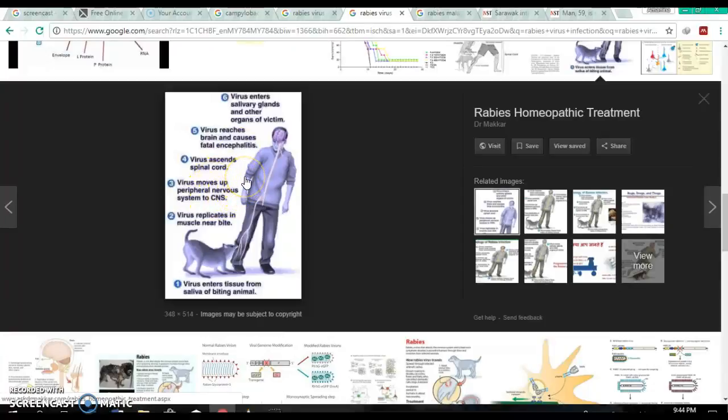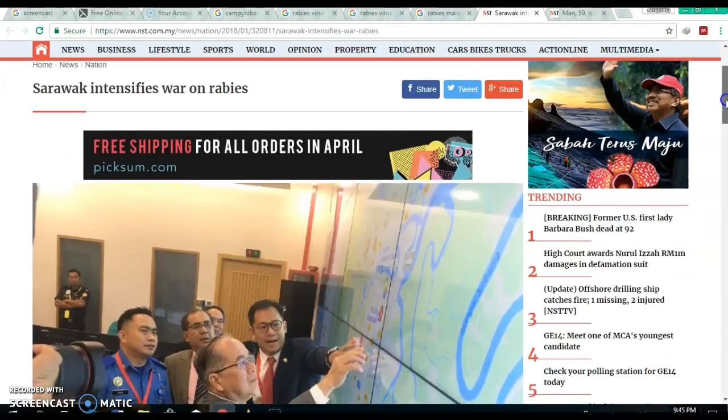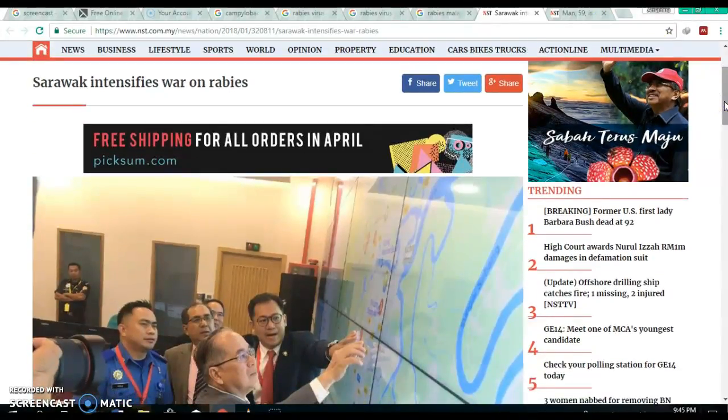As I want to show here, it will affect our spinal cord and then reach the brain, and then it can cause death. Rabies also occurs in Malaysia, and it is an outbreak.